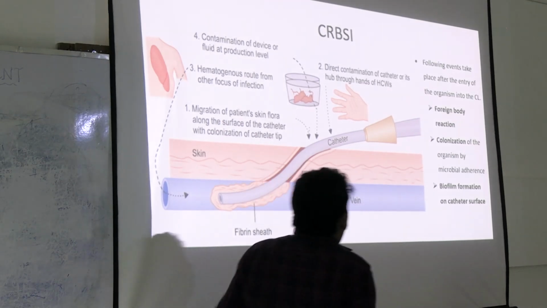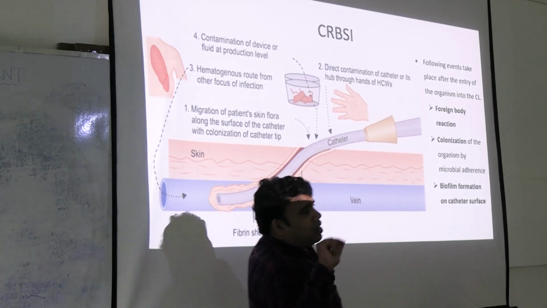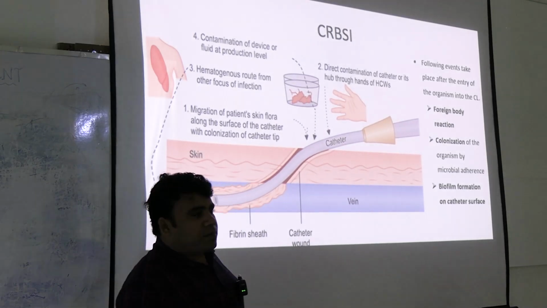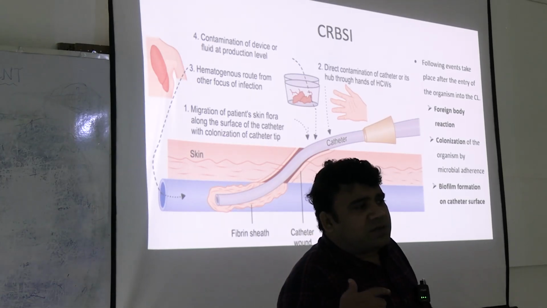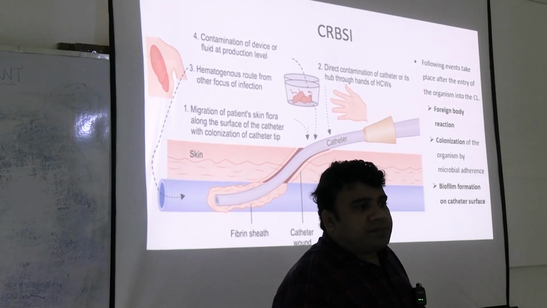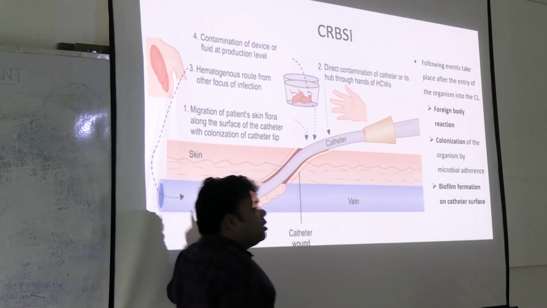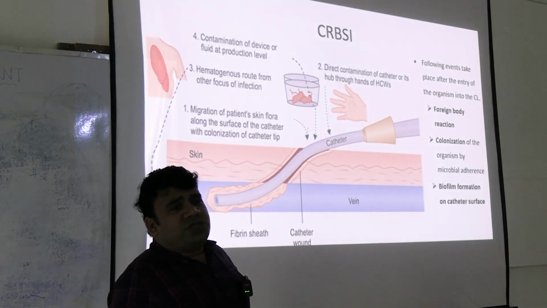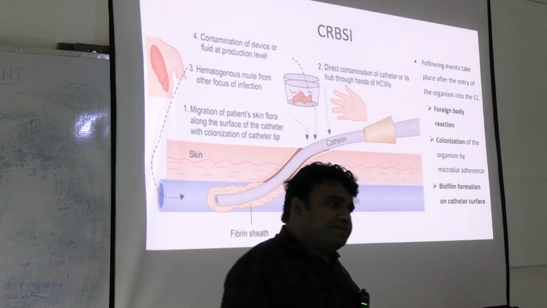Extraluminally, it may come from the skin or from the hands of the healthcare workers. The organism will colonize the extraluminal surface of the catheter and the entry site. From there, it will travel extraluminally into the vessels, causing bloodstream infection, also called sepsis.